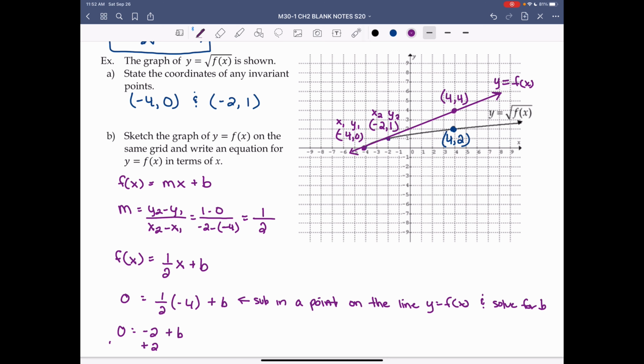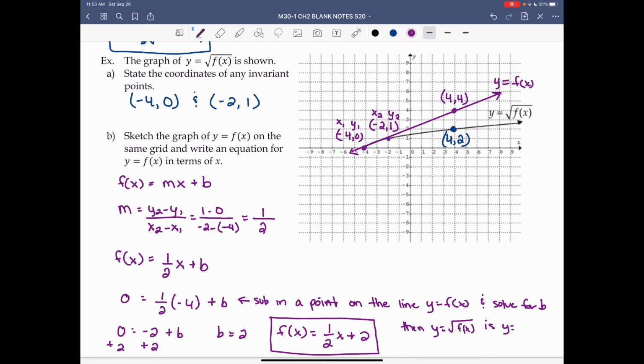Add 2 to both sides. We get b equals 2, which is what it looks like on the graph. So then our function f of x would equal 1/2 x plus 2. And the question's not asking for this, but as a side note, then y equals the square root of f of x is y equals the square root of 1/2 x plus 2.